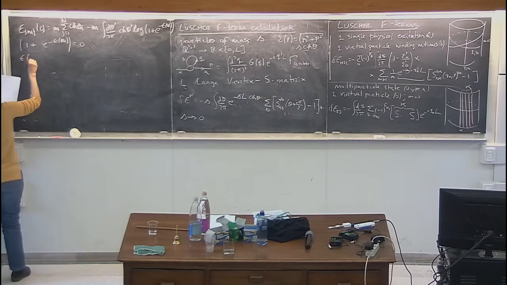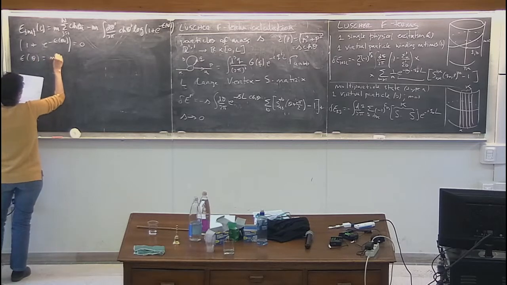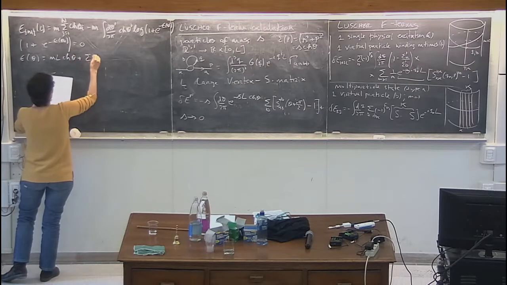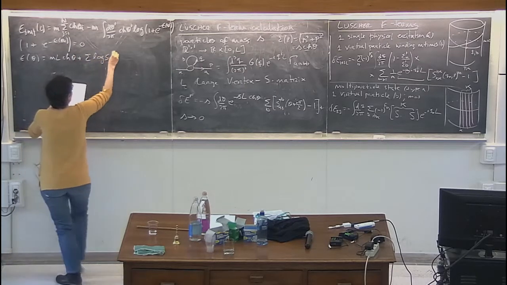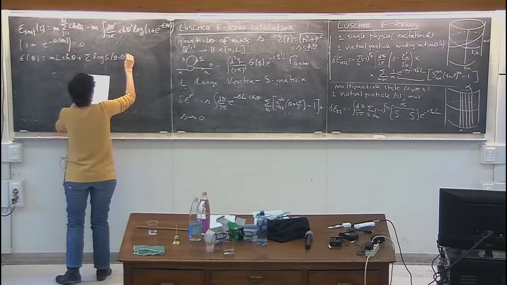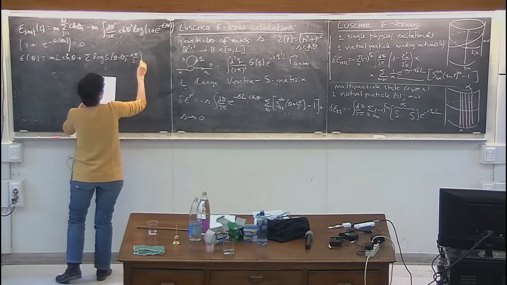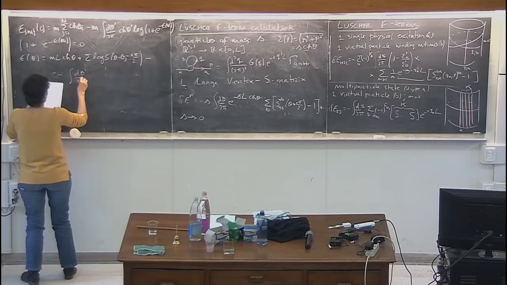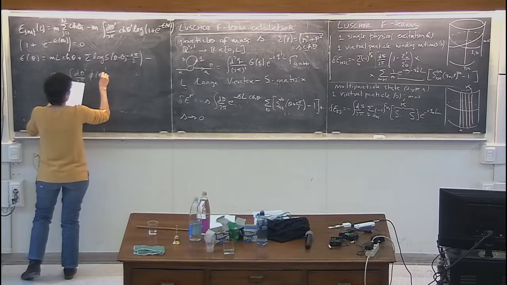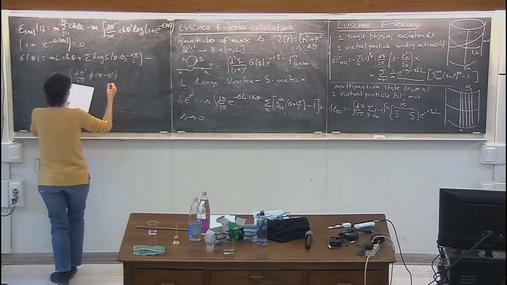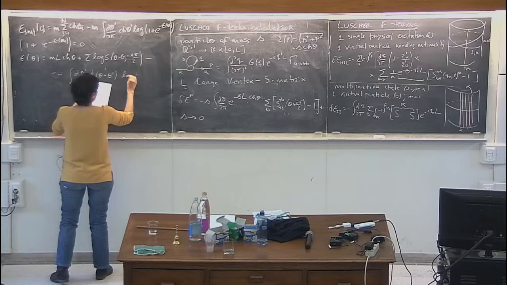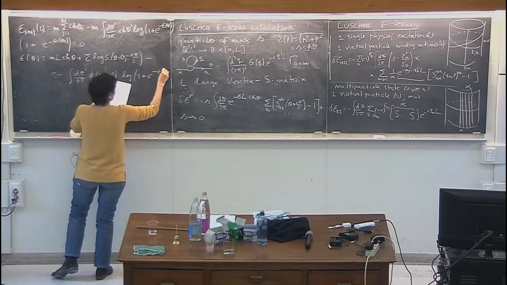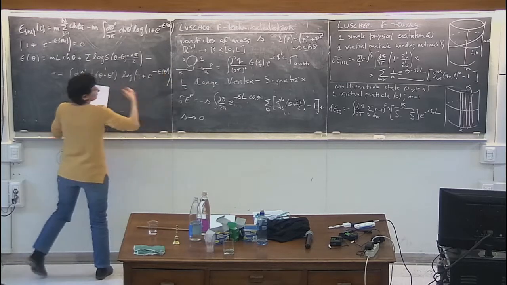And you also have that epsilon of theta is equal to m L cosh of theta plus the sum of the log of the S matrix of theta minus theta_j. So this is for relativistic theories. This is the kernel, which is the derivative of the log of the S matrix. And this is a nonlinear integral equation that defines epsilon iteratively.